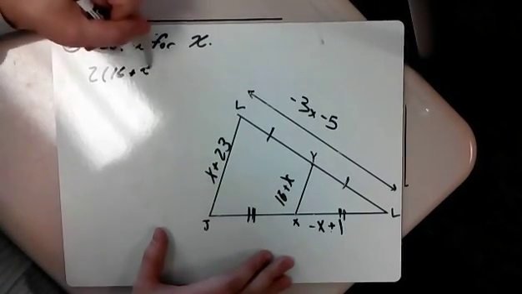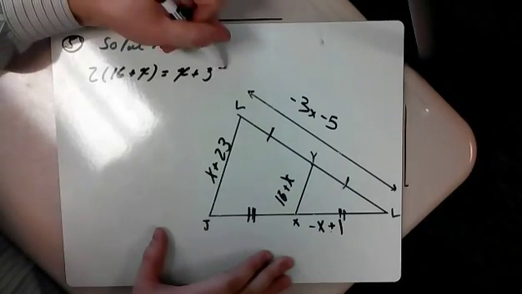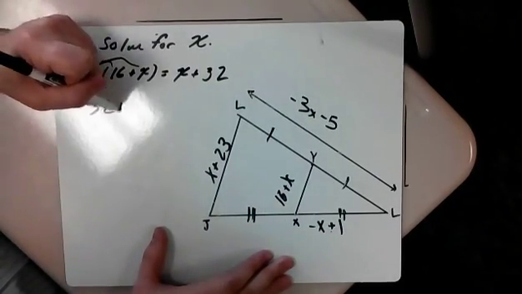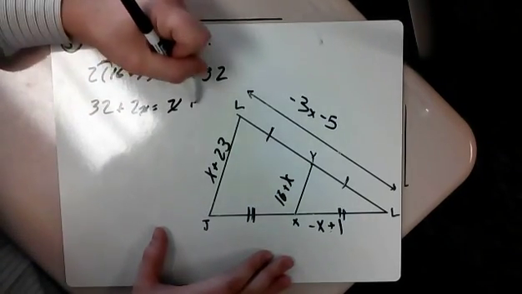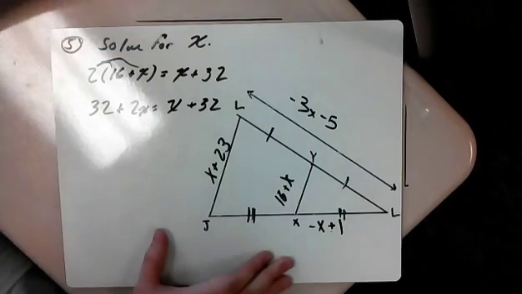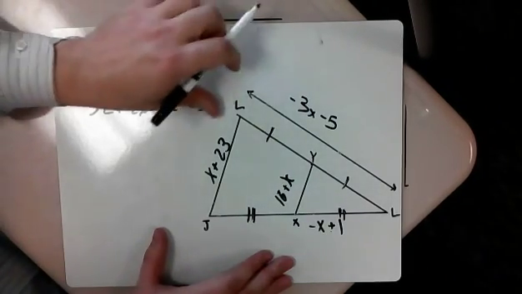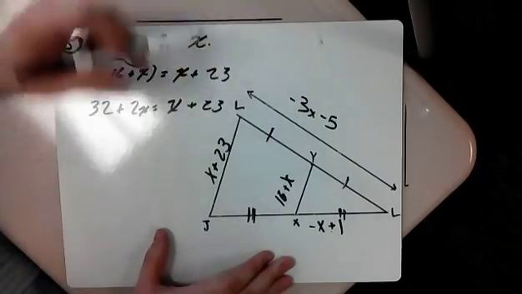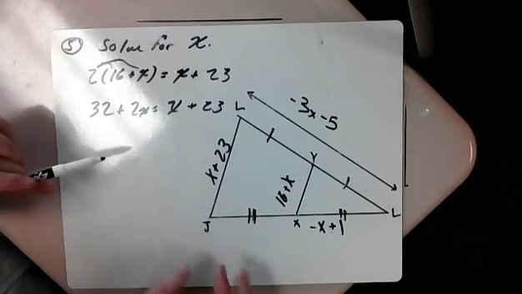So I say 2 times 16 plus x equals x plus 32. Distribute, so I get 32 plus 2x equals x plus 32. Whoa, I almost made a mistake there, see? That's kind of why we need to slow down and check. I caught that I was going to have 0, and I knew that wasn't going to work out.